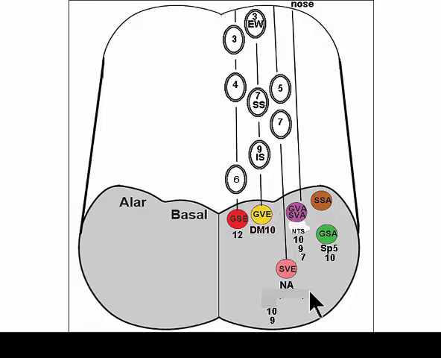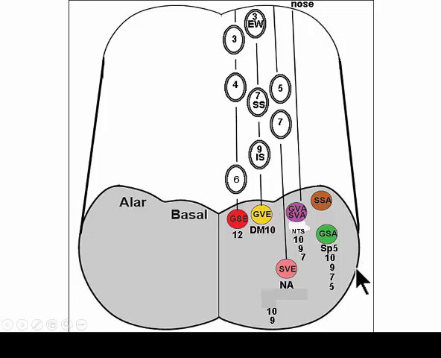Now, who else is in that column using GSA? 10, because the vagus is going to do the ear pinna. Who else? 9, ear pinna. 7, ear pinna, all through 5. And they're going to use the spinal portion of that. Remember, I didn't draw in mesencephalic, and I didn't draw in principal, but they're in the same column.